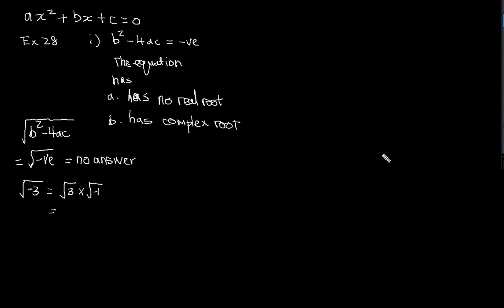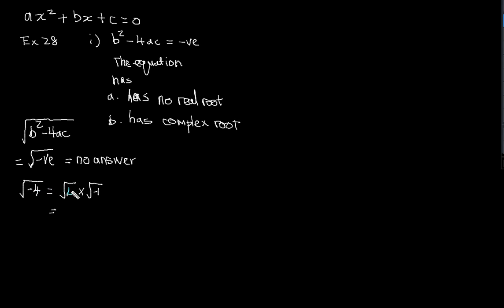Let's make it easier. One would be, for example, minus 4. Based on the current syllabus, the square root of minus 4, you don't have an answer, so it has no real root. But the higher level of mathematics allows you to look at this and organize it differently.